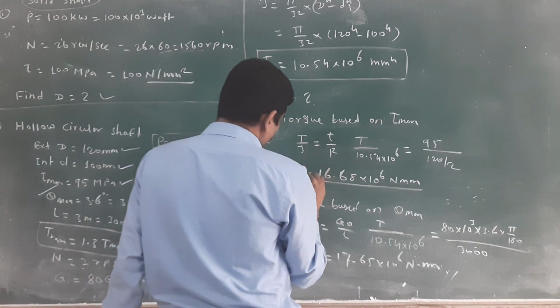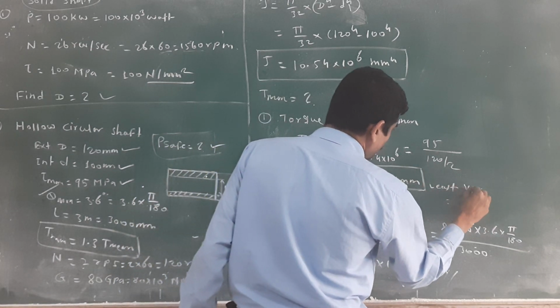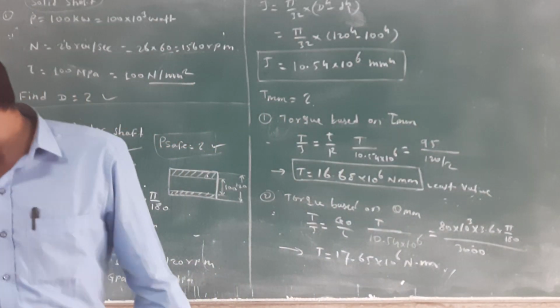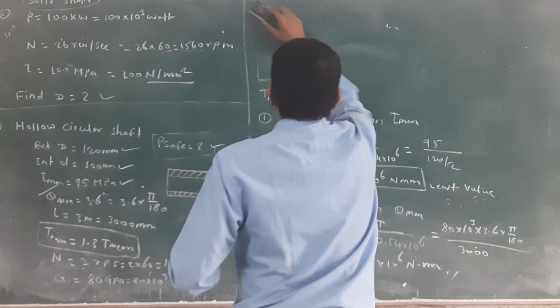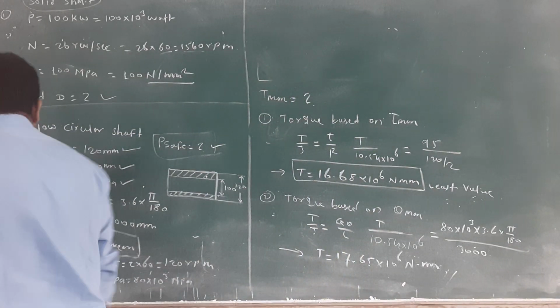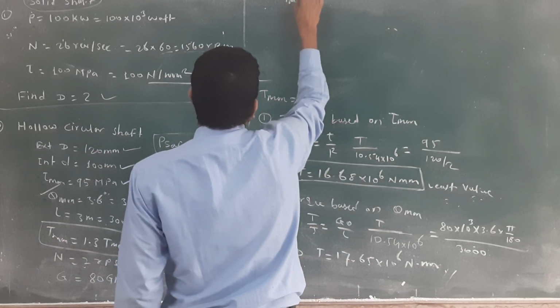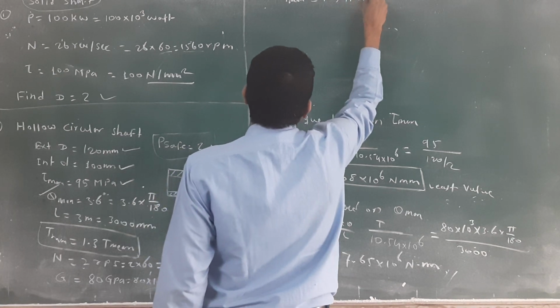This first one is the least value. You have to use this value. We know the relation. Next relation: T max is equal to 1.3 T min.